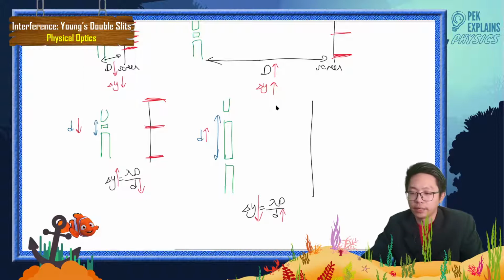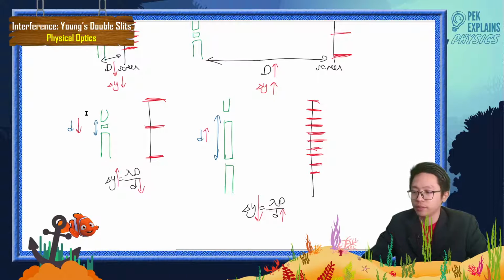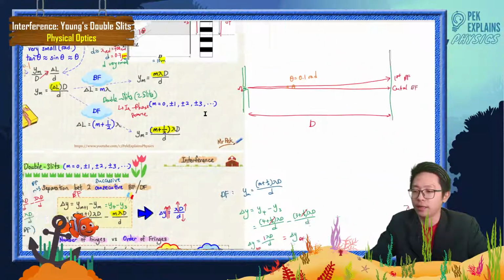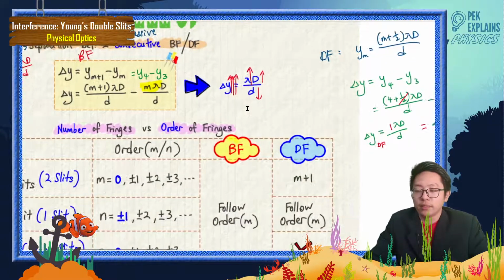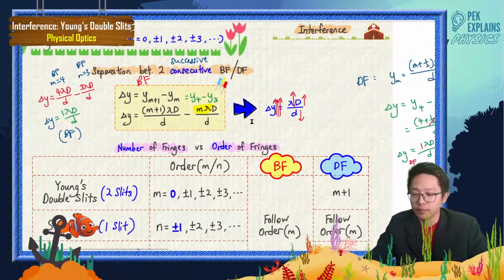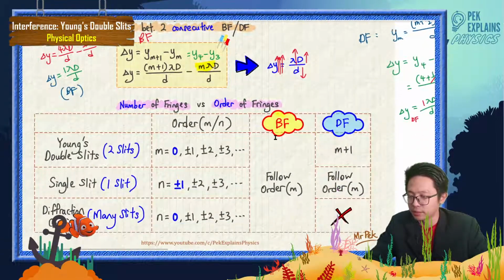If d is very big, we see a very small delta y; if d is very small, we see a very big delta y. So that's the separation between the two slits. Understand? That's the relationship in this formula. Okay, that's all for this subtopic.